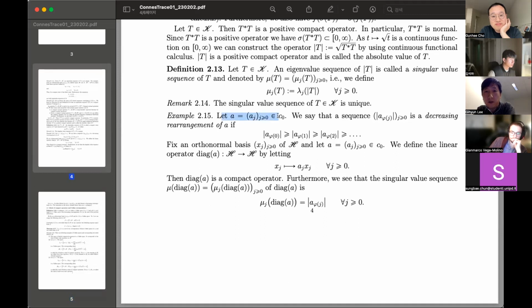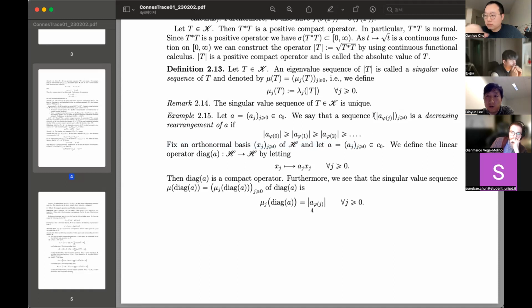Okay, so for a given sequence which converges to 0, we take the permutations of the indices and take the absolute value of the given sequence, and we say that this new sequence is a decreasing rearrangement of A if it becomes exactly the decreasing sequence.